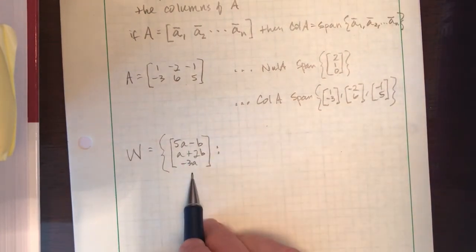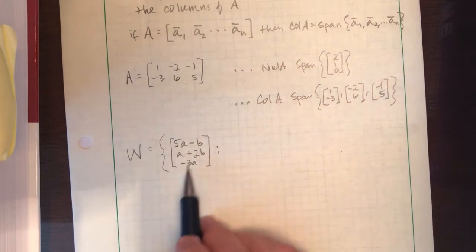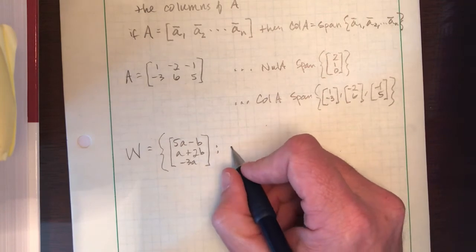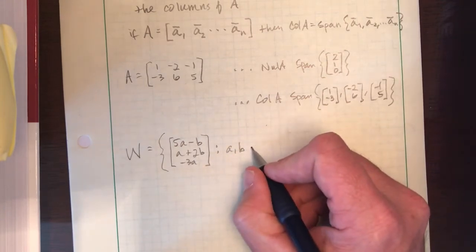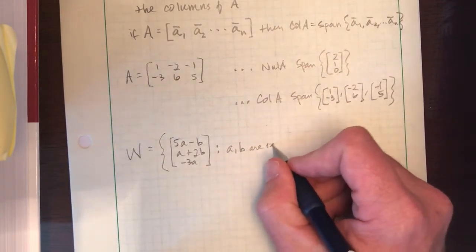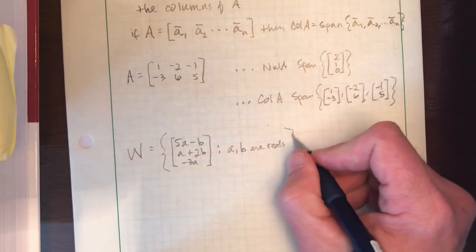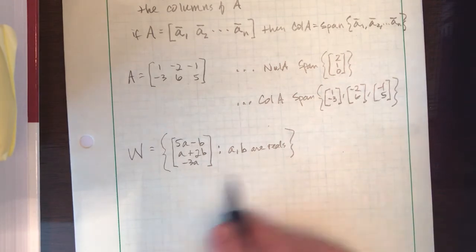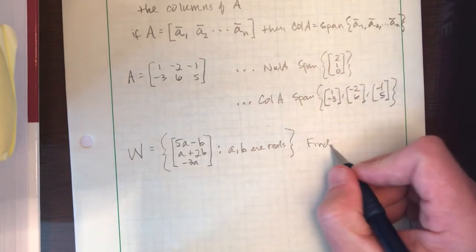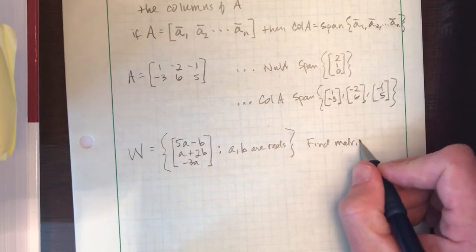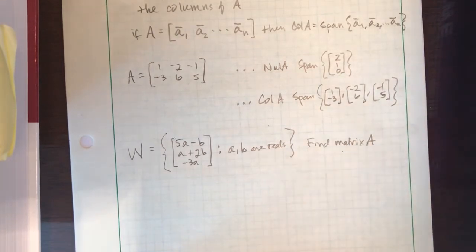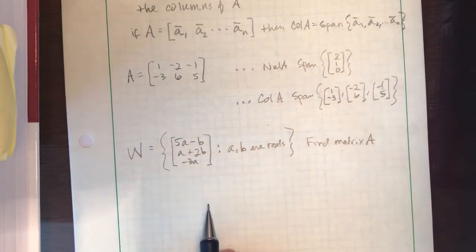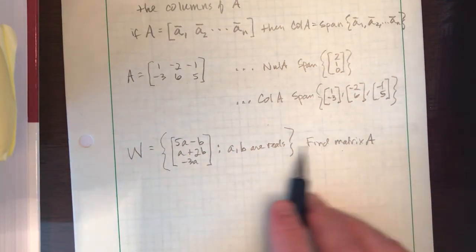So we have vectors in R3 made up of some combination of these a's and b's, and all we know is that a and b are real numbers. Okay. So my ultimate question is, I want to find a matrix A whose column space looks like this. So that's eventually where we're going to head.